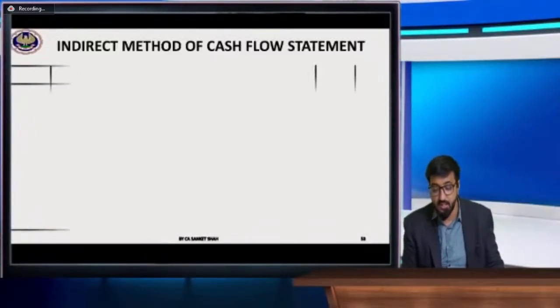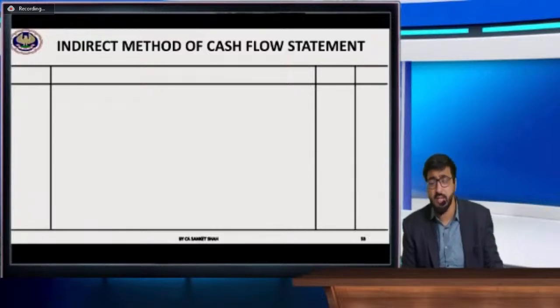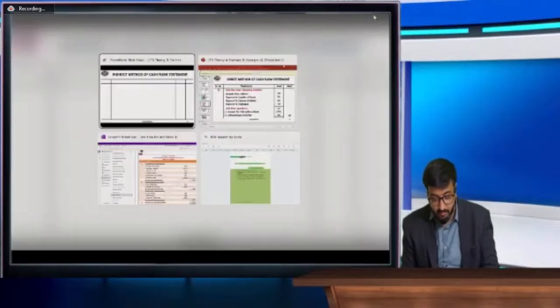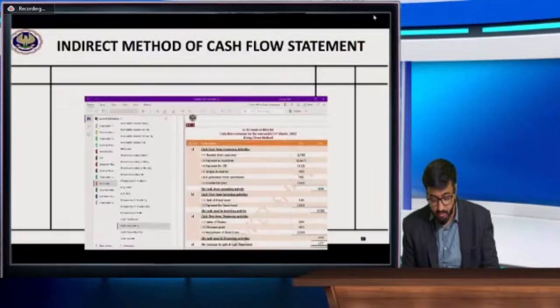Now we see what is indirect method. Can you tell me in the comment section how we are getting cash operating profit?